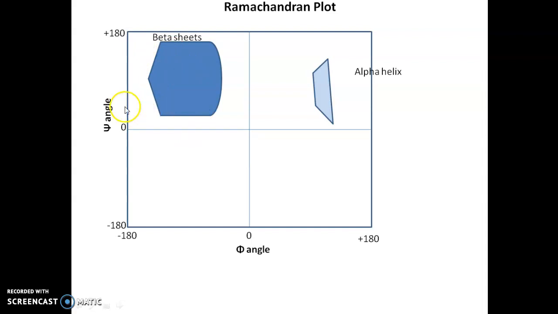The psi angles show positive values, while the phi angles are within the negative values. So this is all about the primary and secondary structure and the Ramachandran plot. The Ramachandran plot basically helps us to determine the secondary structure of any protein.